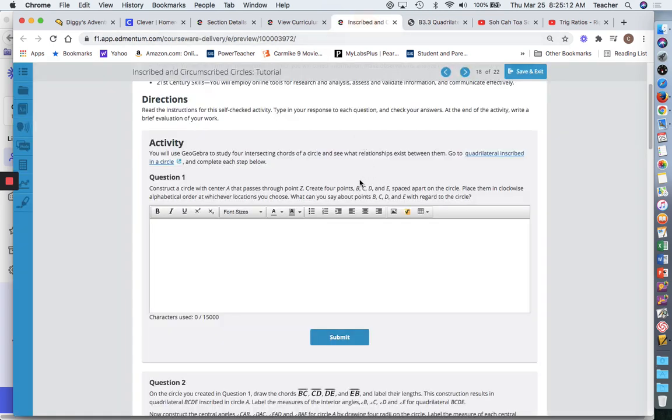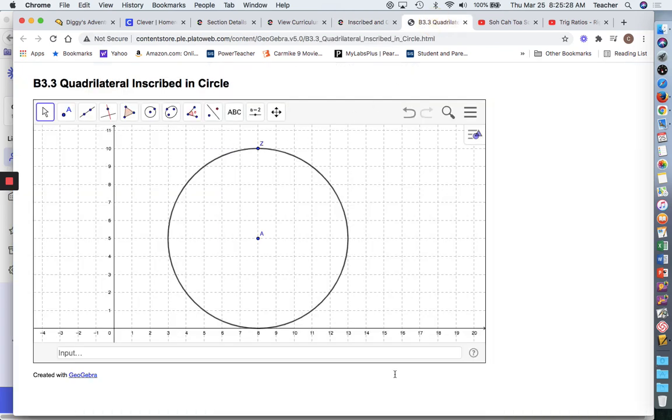Create 4 points B, C, D, and E spaced apart on the circle. Place them in a clockwise alphabetical order at whichever location you choose. What can you say about the points B, C, D, and E with regard to the circle? They're going to be on the circle. It doesn't matter as long as you go clockwise.